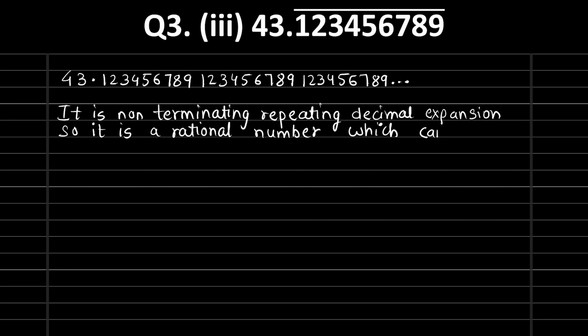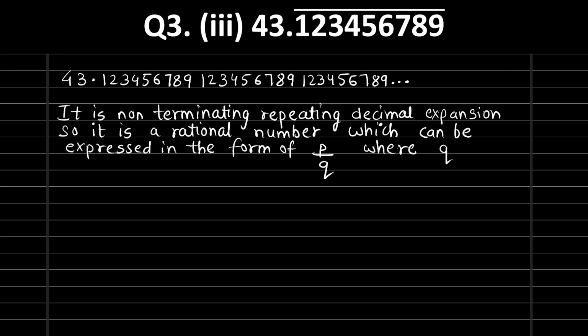We know that rational numbers can be expressed in the form of P upon Q. Now, what about the prime factorization of Q? Over here, Q is actually not of the form 2 raised to n into 5 raised to m.